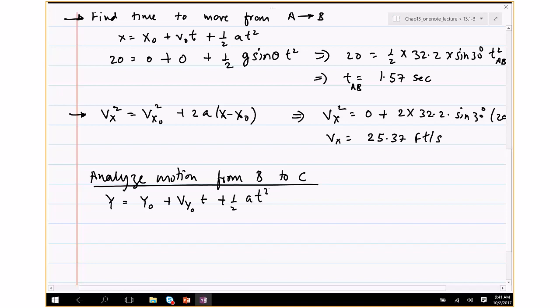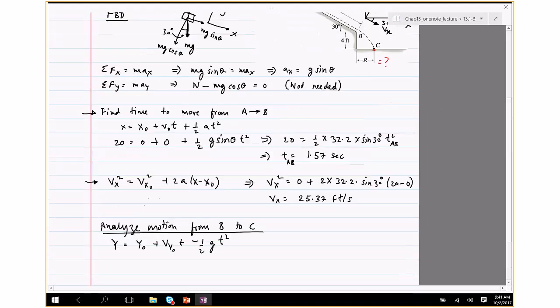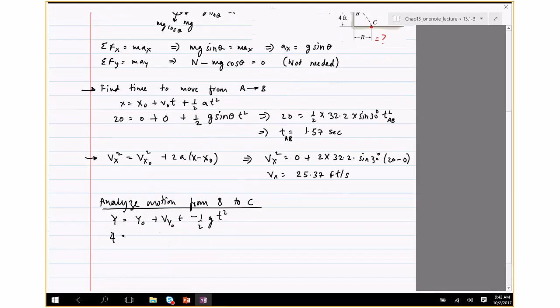In this case, it's falling due to gravity. Gravity is downward, so it's half g t squared. So y is given to be 4. Initial position, let's assume that's the origin where the mass leaves. The velocity in the y direction is going to be Vx sine of 30.